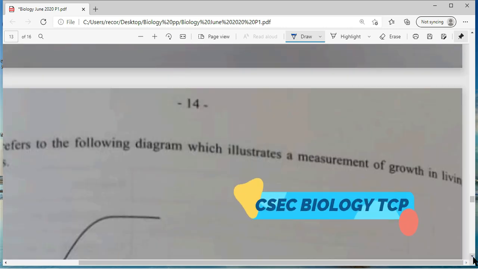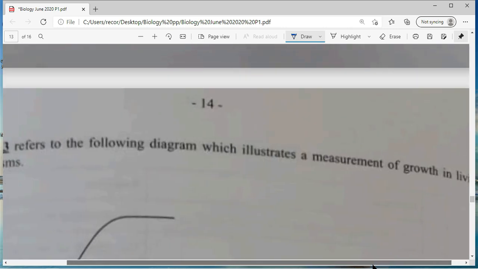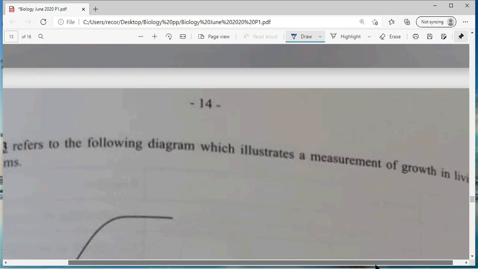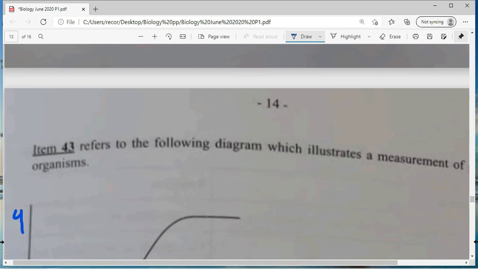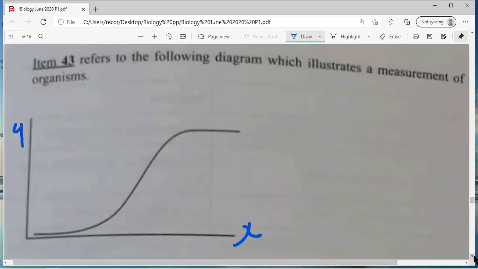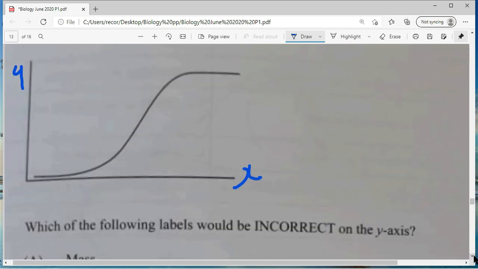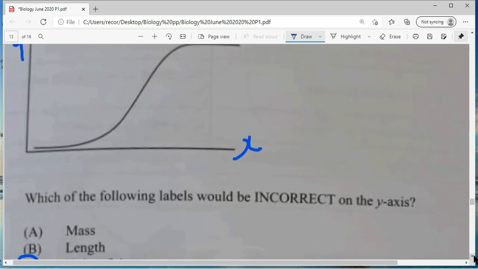And of course, it refers to the following diagram, which illustrates the measurement of growth in a living organism, with the y-axis and the x-axis labeled. This is pretty much a sigmoid growth curve, or an S-curve, and it's used a lot in academics.